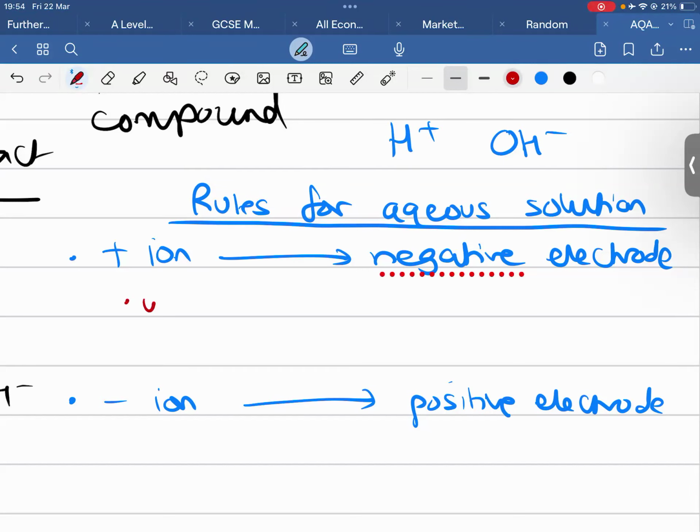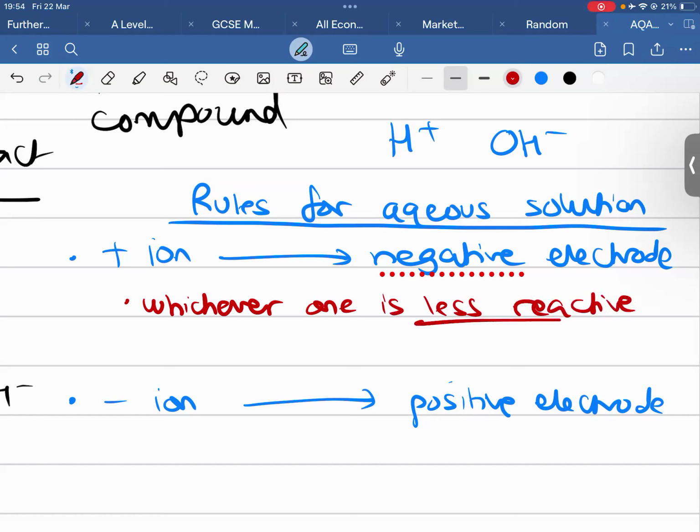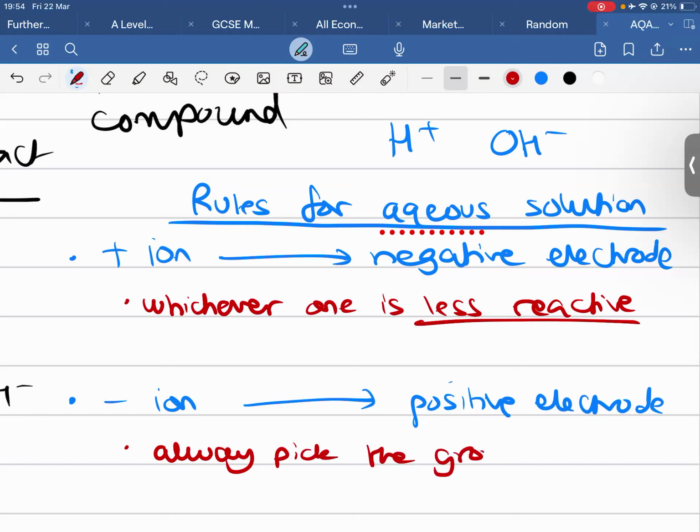So for the positive ion, you always pick whichever one is less reactive. That's it. That's all you have to remember. And for the negative ion, you always pick the group 7 thing. If there's no group 7 ion, then it's oxygen.